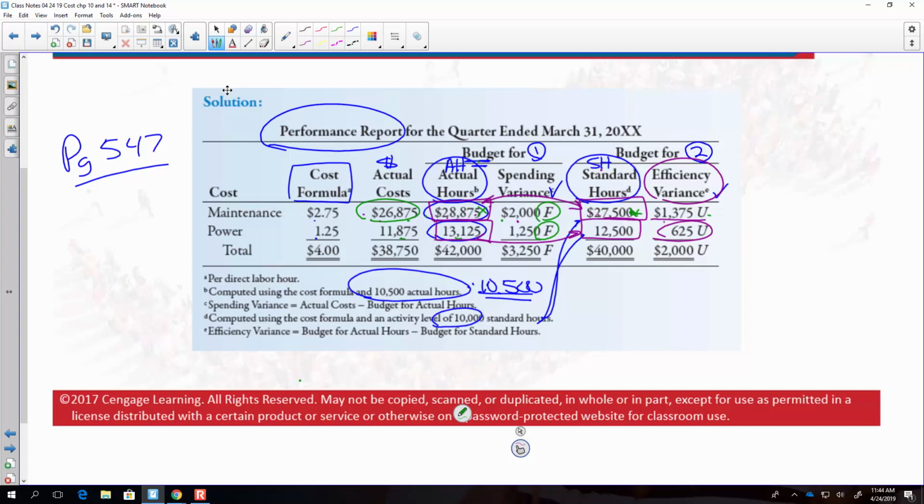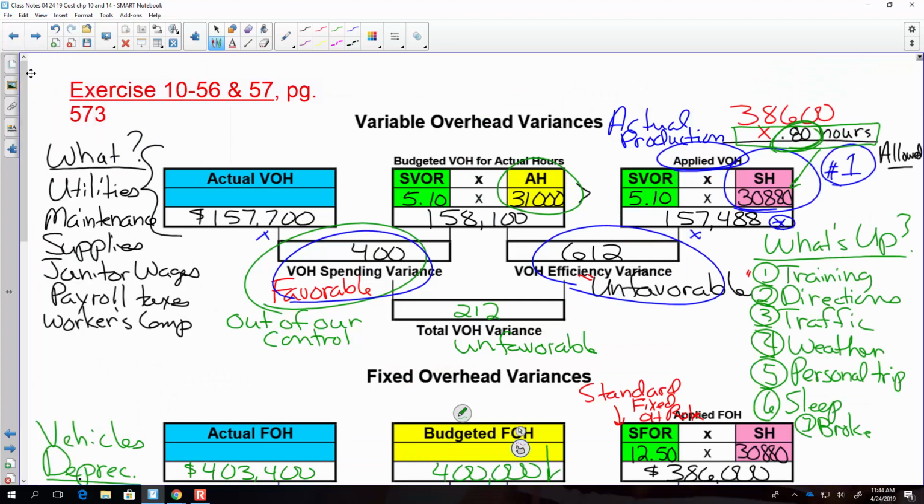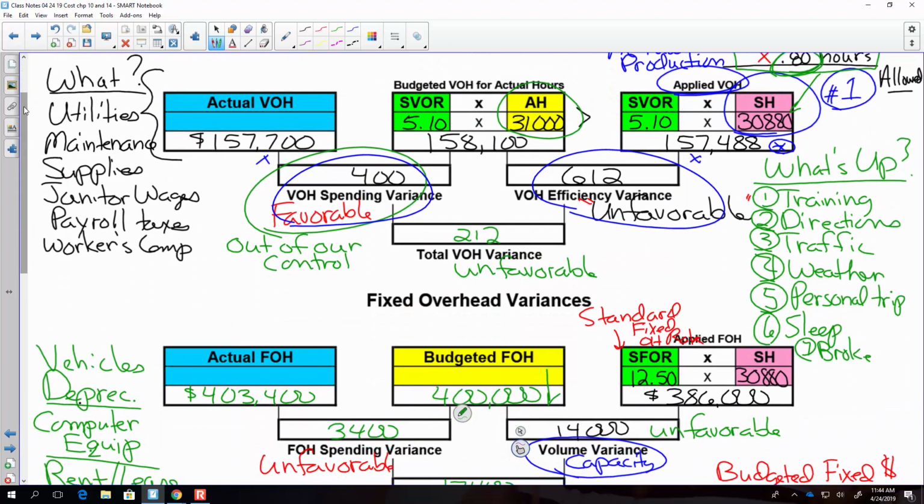And in reality, guys, we're doing the same thing on our templates. If I go to the one we just did, here, to get the spending variance, I'm comparing the actual cost to that middle number. To get the efficiency variance, I'm comparing the middle number and the end number.